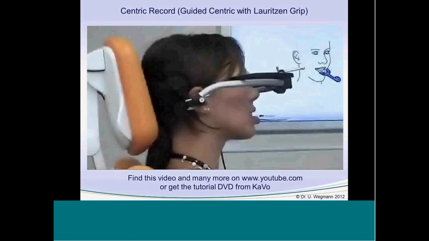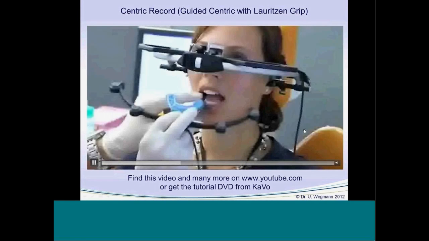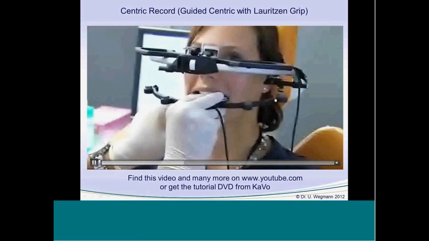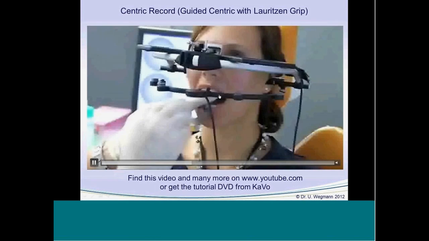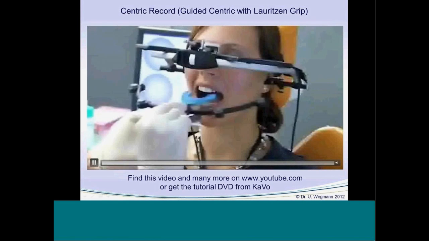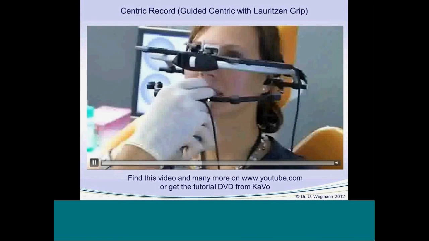In this video, you can see, first of all, we have to do a position measurement of the upper teeth in relation to the upper bow, and then we change over into the lower jaw. We can set the lower bow to the paraocclusal clutch.